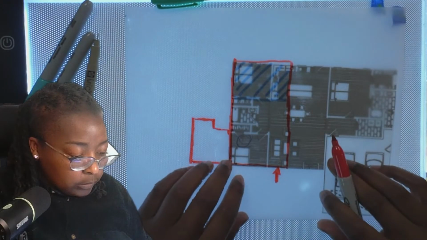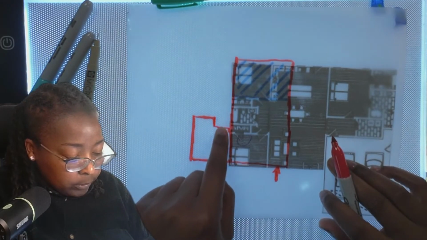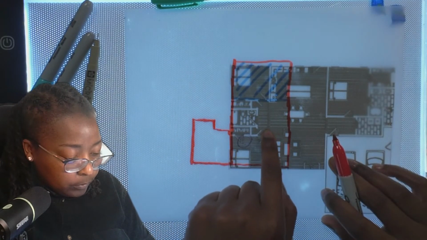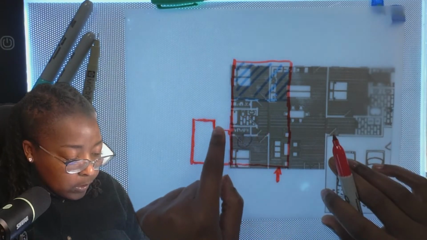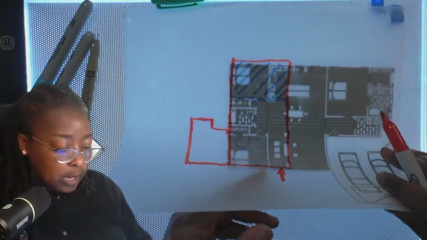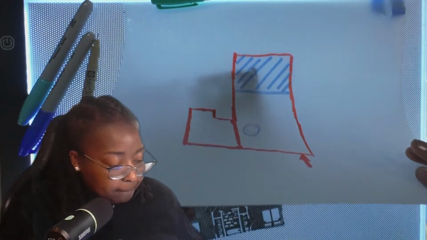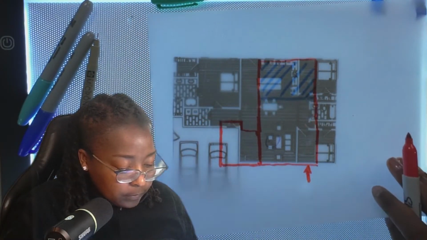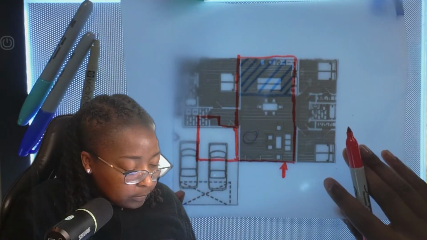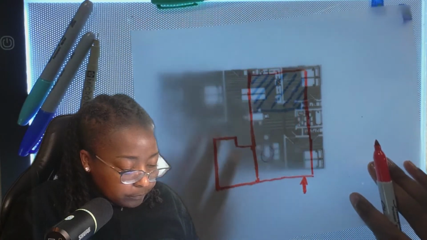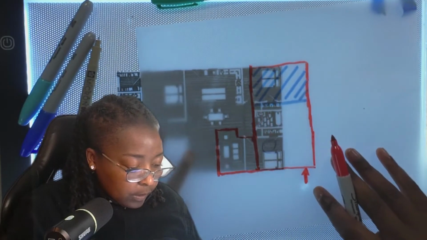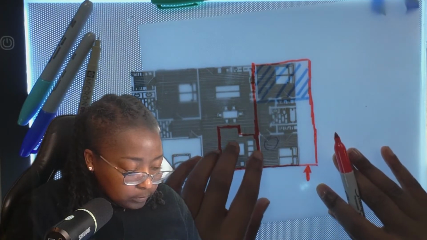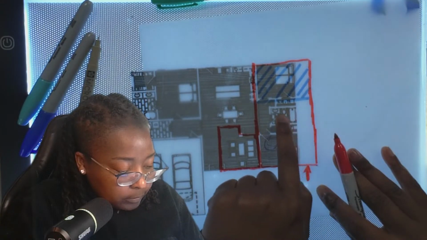So what's interesting is, this is where the door is. I can either have you come in and enter this side and have a little hall into this side, or I could mirror it, flip this over, and then have the bedroom like this and come down, and then there's like a little pocket.